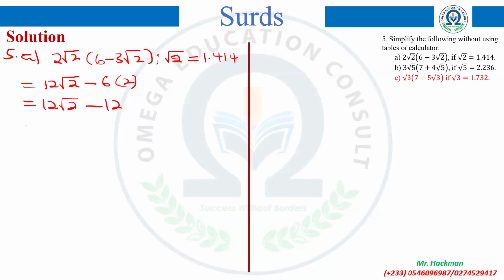At this point, you can see that if you substitute root of 2, are you going to multiply 2 decimals anywhere here? No, it will be a whole number and a decimal, so you can do that. So I will substitute my root of 2 here now, then minus 12.